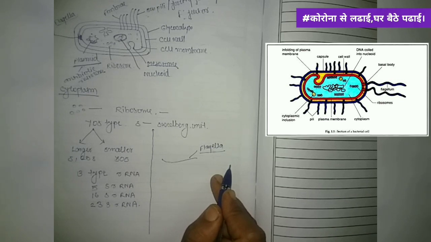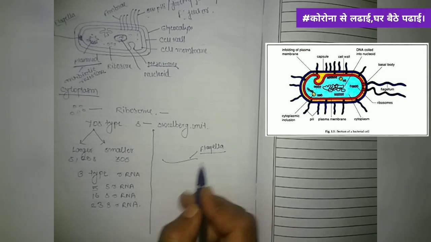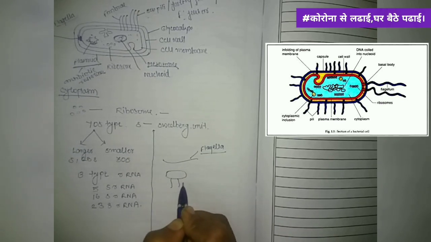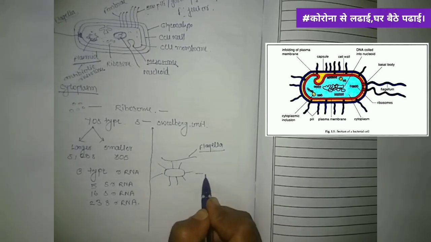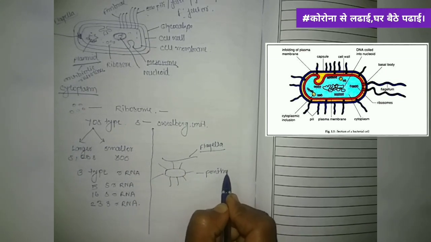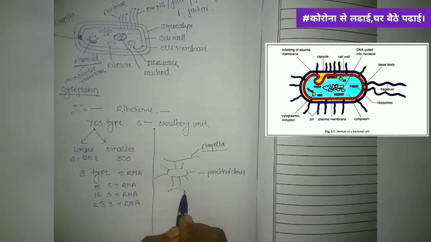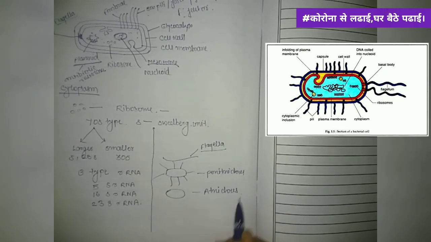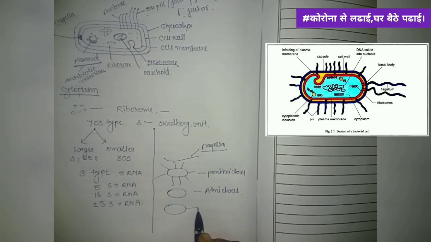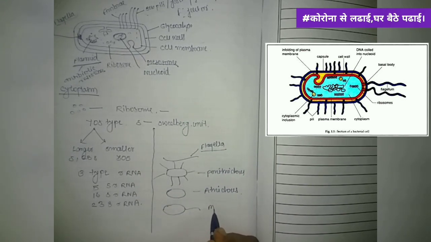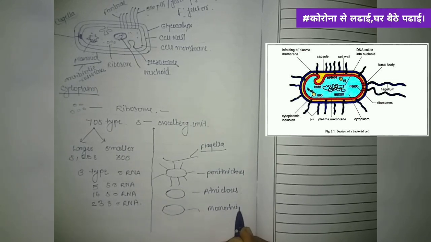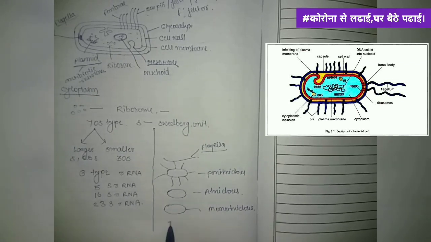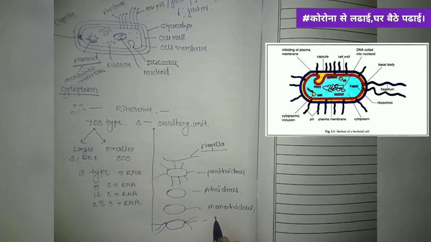Some bacterial cells have flagella all over the body, which is known as peritrichous, or without flagella is known as atrichous, or flagella at one end is known as monotrichous, or a pair or group of flagella present at both ends is known as lophotrichous.